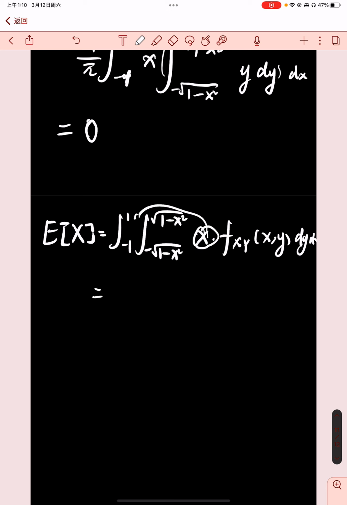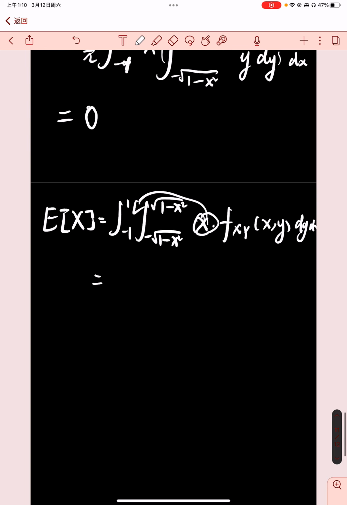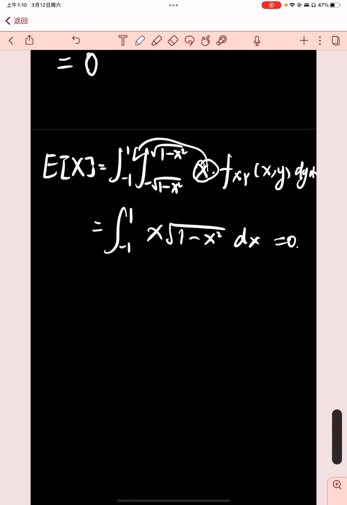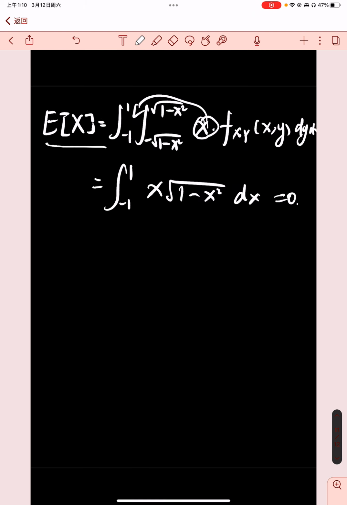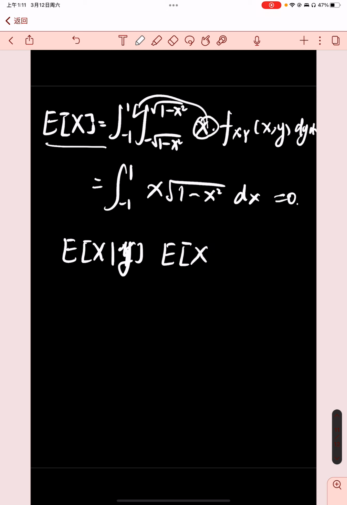Taking the x out, actually we can have the function 1 and x times square root of 1 minus x squared dx, but this one is also equal to 0. Since the expected value of x is 0, the expected value of x given y and the expected value of x given the total sample variable are both 0.